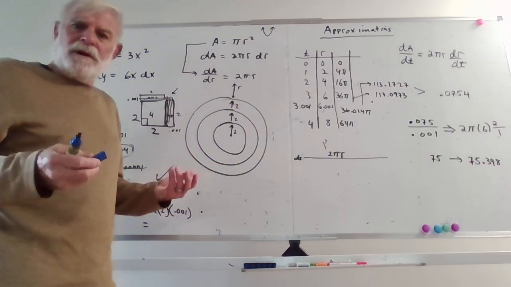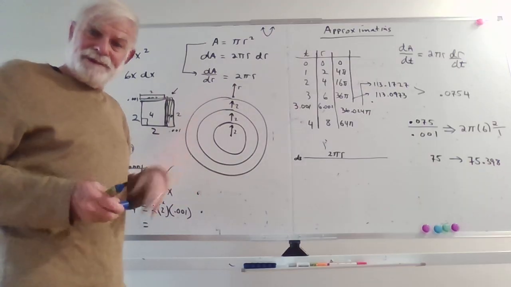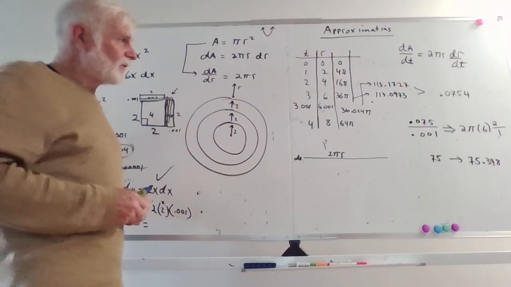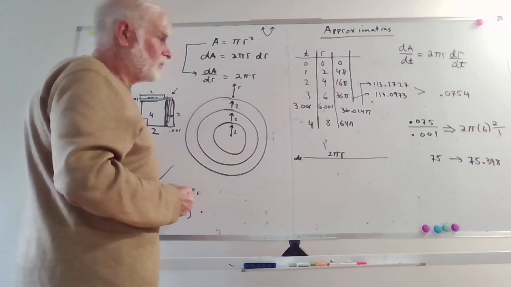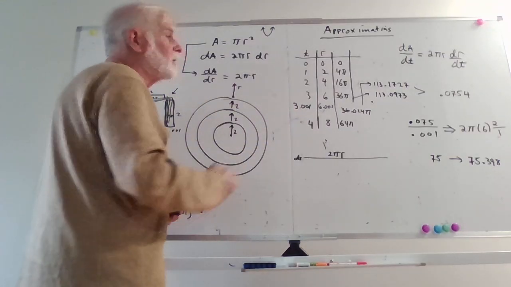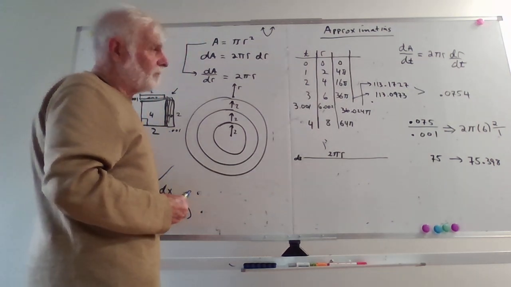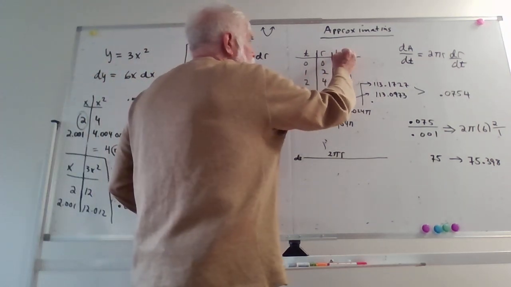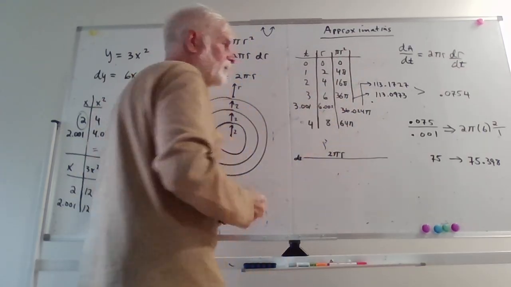Well, where would the area be changing fastest? The biggest circle, in this case. And so I've decided to pick the number 3. After 3 seconds, the radius is going to be 6. And I know πr² gets me area. So 6 squared gets me 36π.